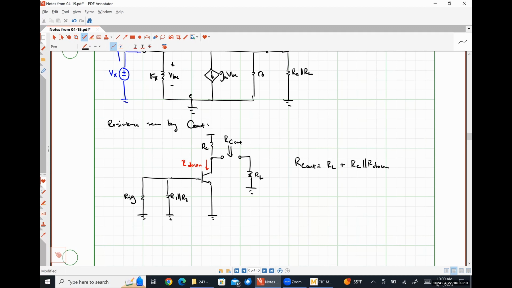We have some resistance between the left-hand terminal and ground and some resistance between the right-hand terminal of the capacitor and ground. And those resistances appear as if they're in series, if we treat ground as a common node connecting.